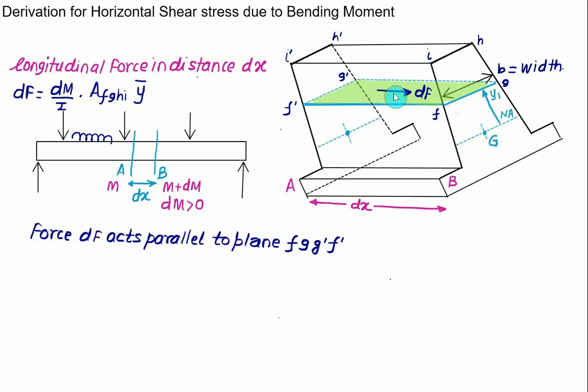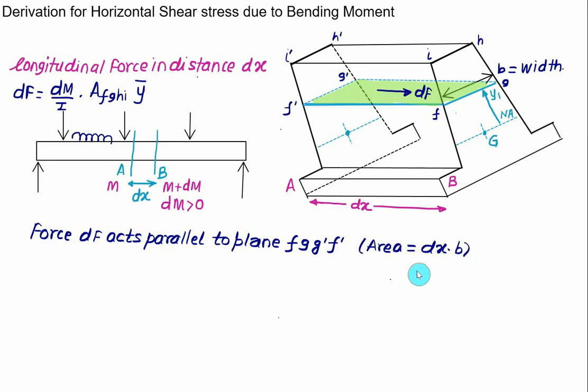So the given force F is parallel to the plane F, G, G prime, F prime, and this plane has an area equal to dx multiplied by width b. So the area of the plane will be equal to dx multiplied by width b.